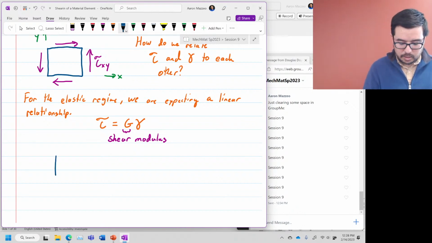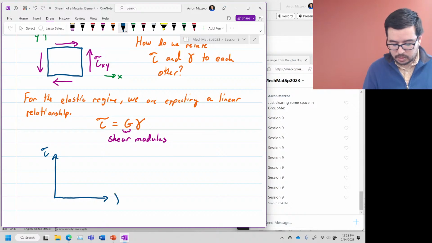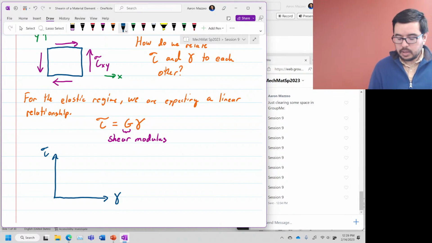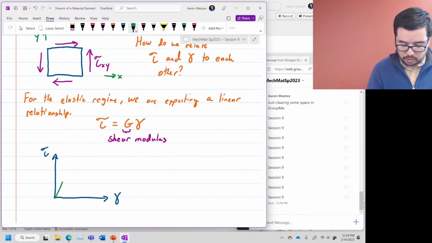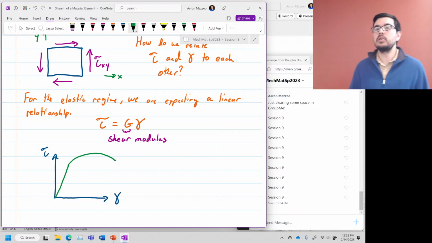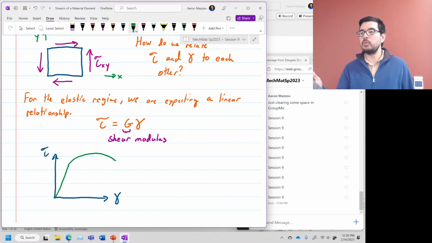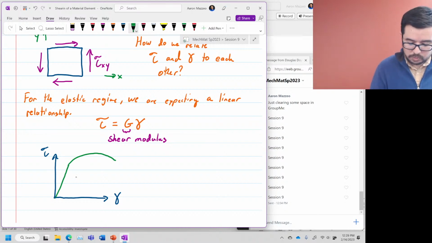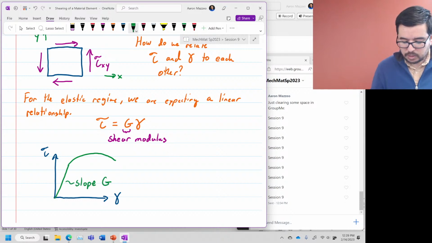But we can also plot one where we have tau on that axis and gamma on the x-axis, and we can put a stress strain curve on here that looks very similar to what we had when we were doing a normal stress versus a normal strain. And the slope, okay, is given by G.